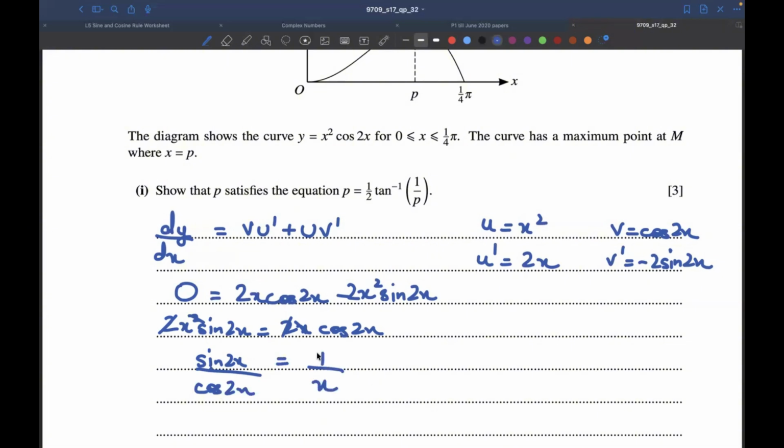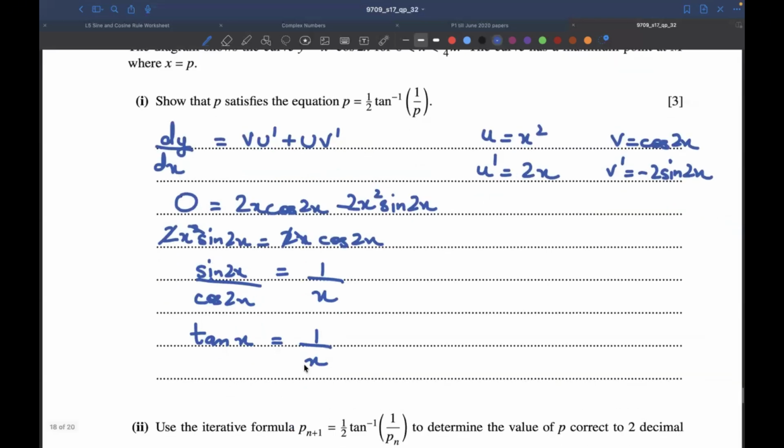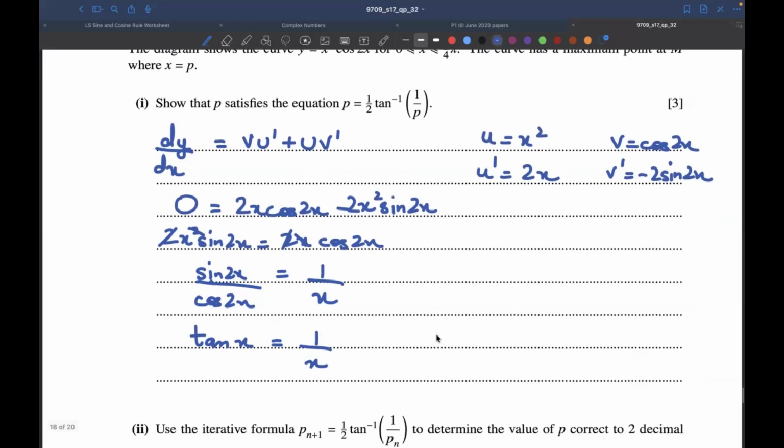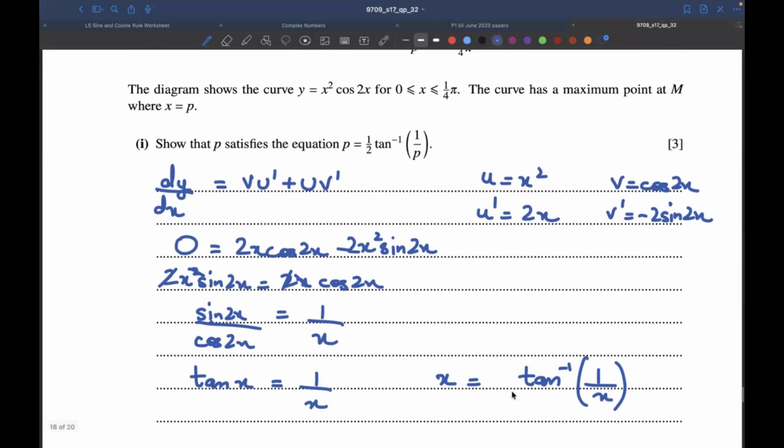Now, as we have to find x, this will become tan 2x equals 1 upon x. So if we take tan inverse over here, this will become x equals tan inverse of 1 upon x. But there is 1 upon 2 over here as well. We have x equals p, so that's fine.